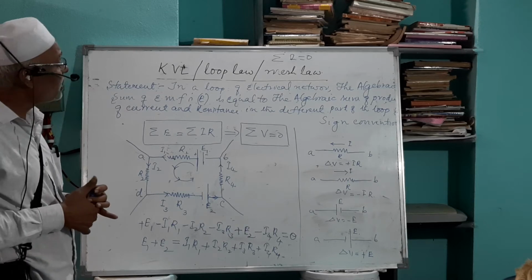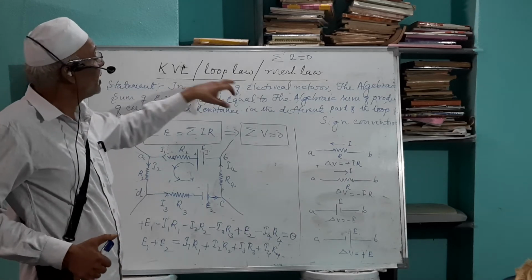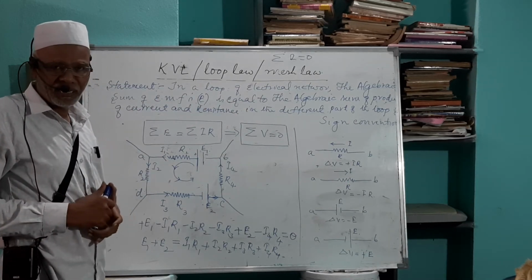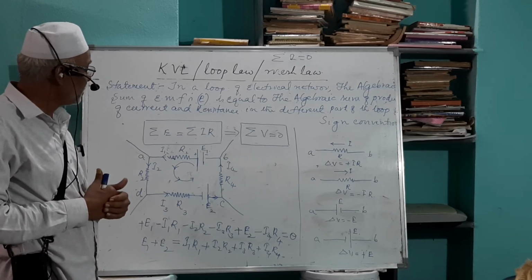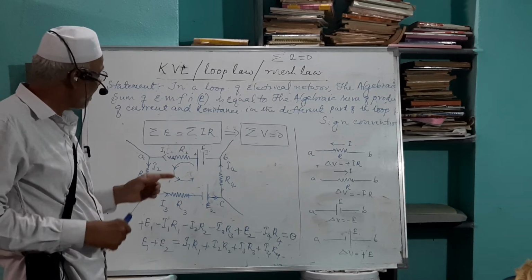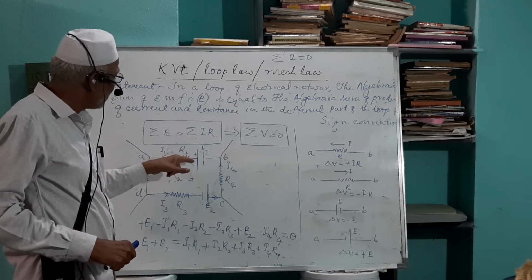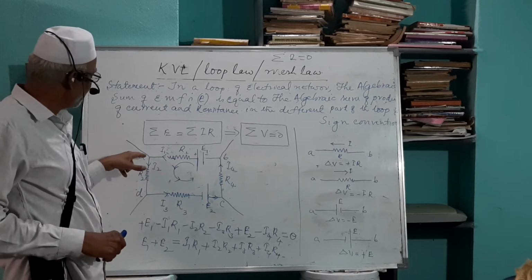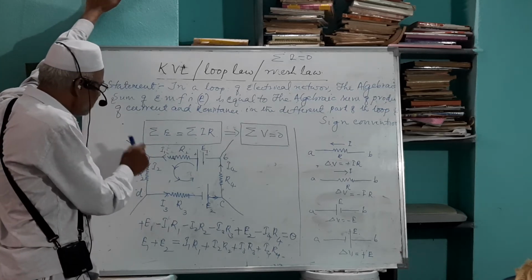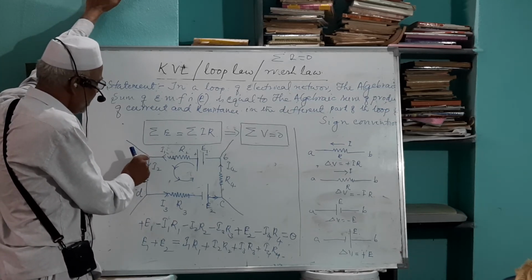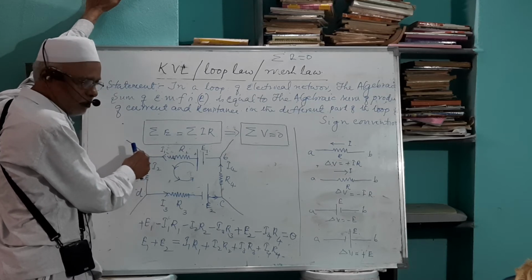Now, what is the significance of this law? This law is based on the conservation of energy principle. What is the conservation of energy principle? It means that the energy of a charge when you move, say, when you start your journey, the charge possesses some definite amount of energy at this point.